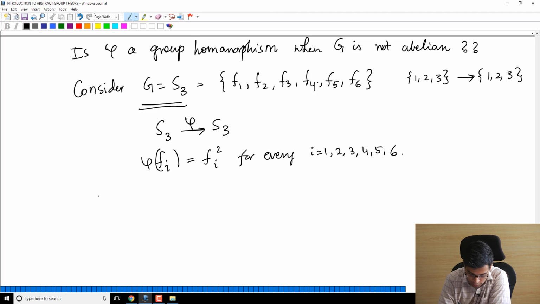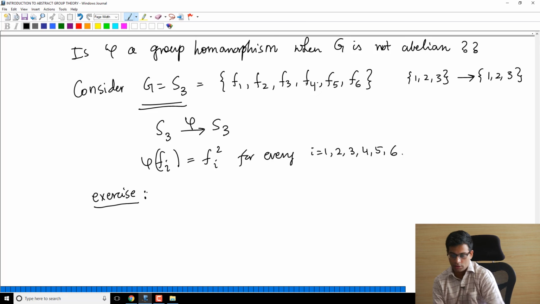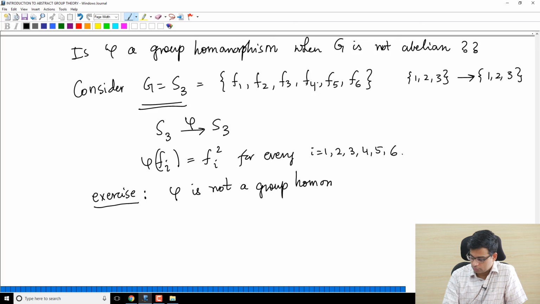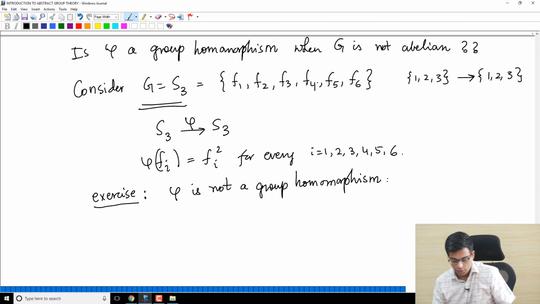Now I want you to check as an exercise, and this is a straightforward exercise, it's a good way to again remind yourselves about the group operation of S3, that phi is not a group homomorphism.